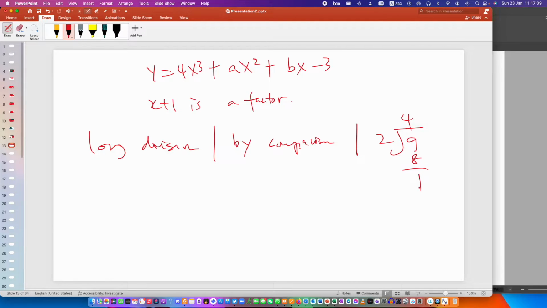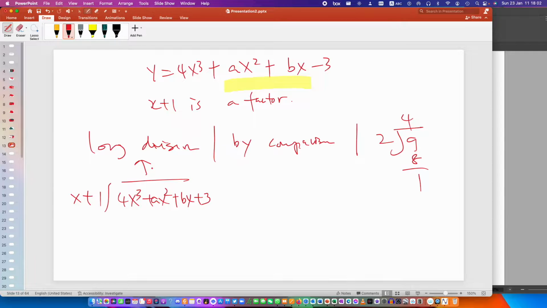I don't think so, because you have two unknowns here. If you put this dividend, you can't, because you don't know a and b. Actually, this is the factor, right? I tried to use the remainder theorem actually.